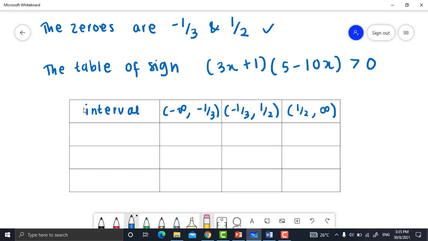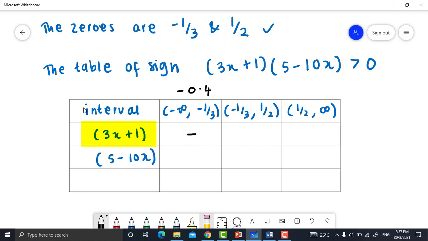The product is 3x plus 1 multiply 5 minus 10x. So find the sign when x is less than -1 over 3. Choose one value less than -1 over 3, for example -0.4. Substitute into 3x plus 1: 3 multiply -0.4 plus 1 equal to -0.2, so negative sign here.